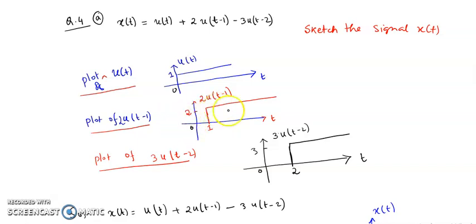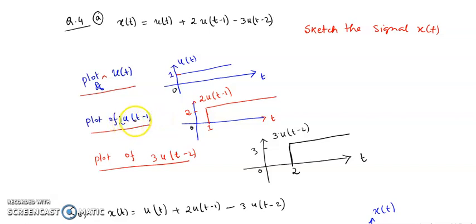So we know that u(t) is defined for t greater than 0, its magnitude is 1, so it is nothing but your unit step signal. So the unit step signal u(t) is plotted like the first graph shown here, and the second signal is u(t-1). So u(t-1) is defined for t greater than 1 and 2 is multiplied with u(t-1), so its magnitude is 1 for a unit step signal.